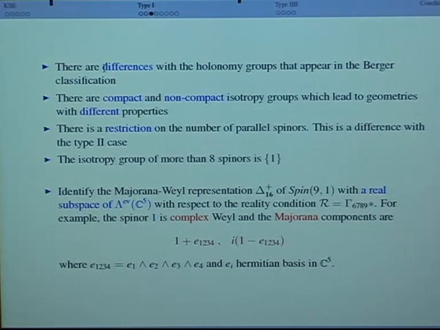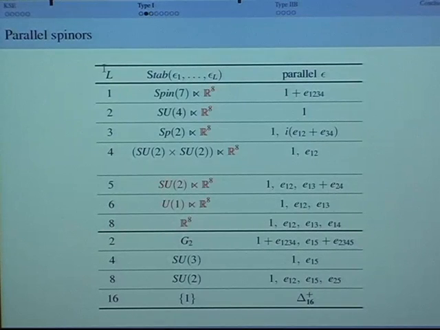In this notation, the spinor 1 is complex Weyl, and it has 2 Majorana components. One is this and one is that. So you see the real spinors are multiforms. And then this notation e^{12345} means wedging the basis of C^5 in the appropriate way. So if we go back, one can now recognize the various entries here as the spinors.